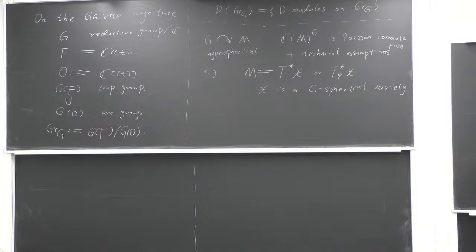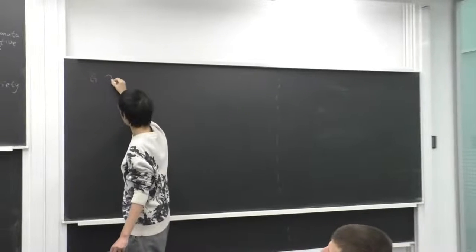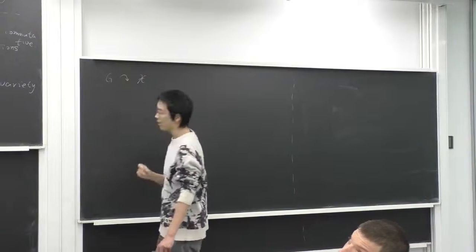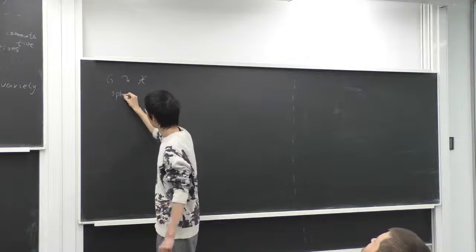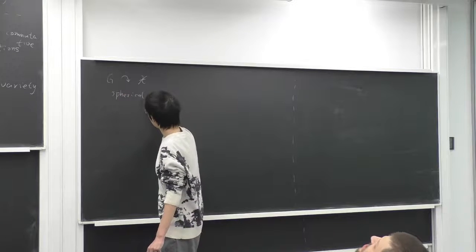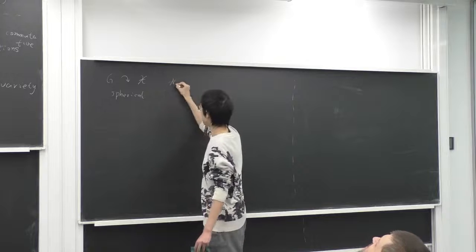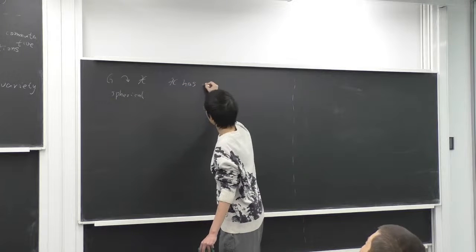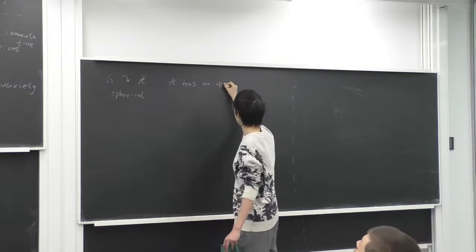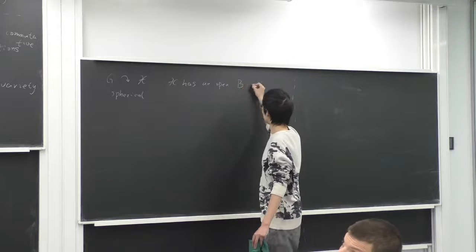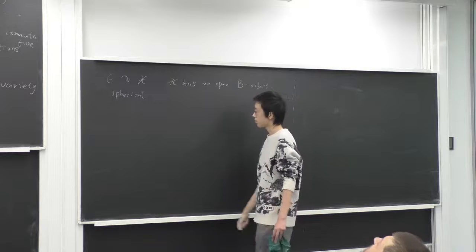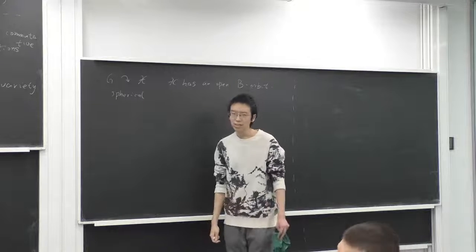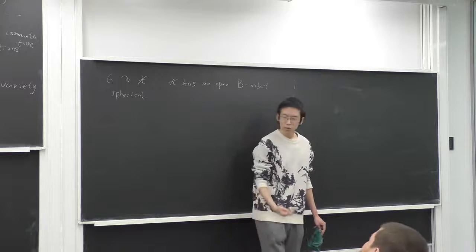For a variety X which has the action of G, we call it spherical if X has an open Borel orbit. B means Borel for G. So you can regard it as a non-abelian generalization of toric varieties.